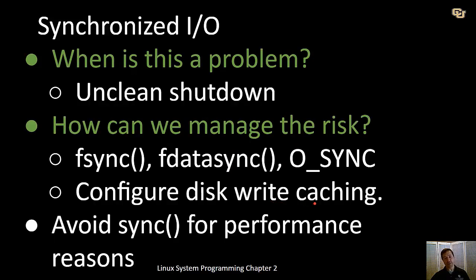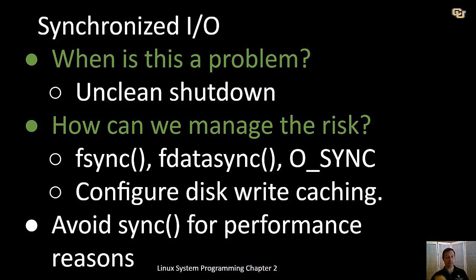So if we don't use synchronized I/O, which again is the default, when would it be a problem if we hadn't actually flushed all the file content to disk? This would be a problem on unclean shutdown, because we might have an application that thinks that it wrote successfully some output to a file, maybe updated some other thread or some other application, or wrote something out to the internet that said some action was performed on its local file system.